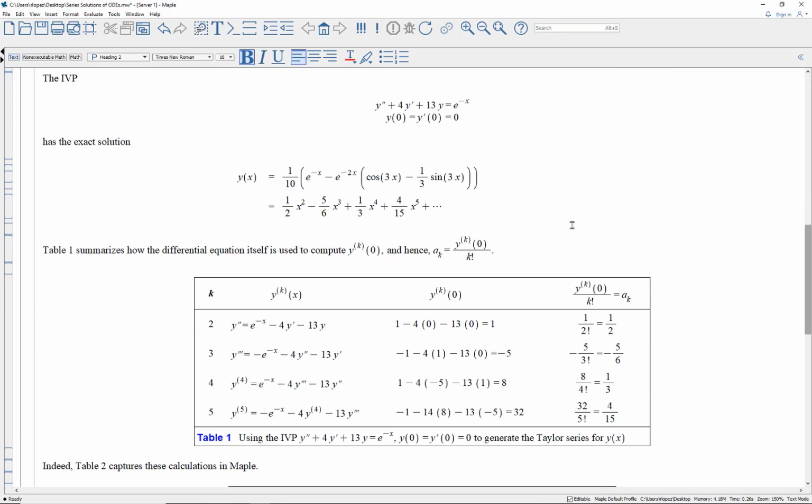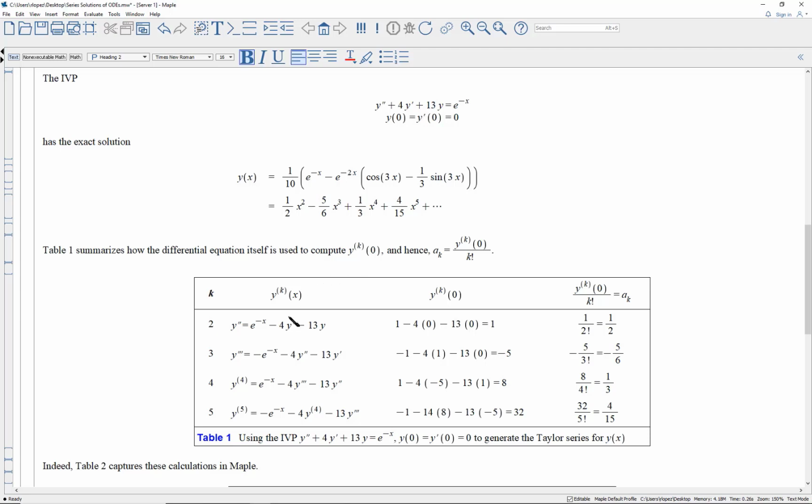Take a simple differential equation, constant coefficients, inert initial conditions, something that we can get an exact solution to. And therefore, since this is the exact solution, we can expand it in a Taylor series, and we can see what the series solution looks like before we get started.